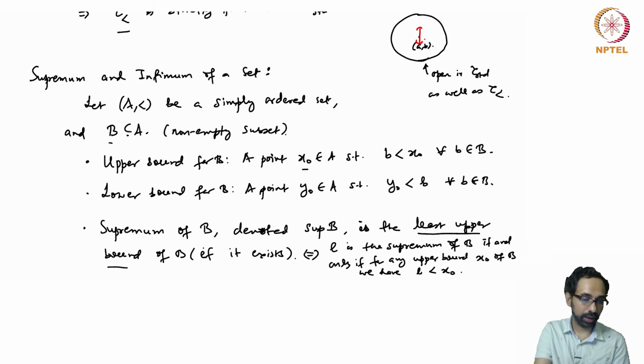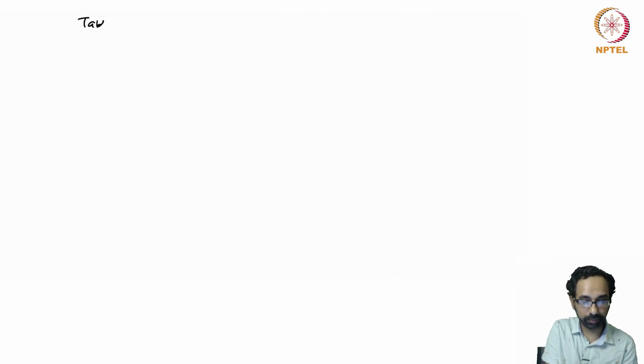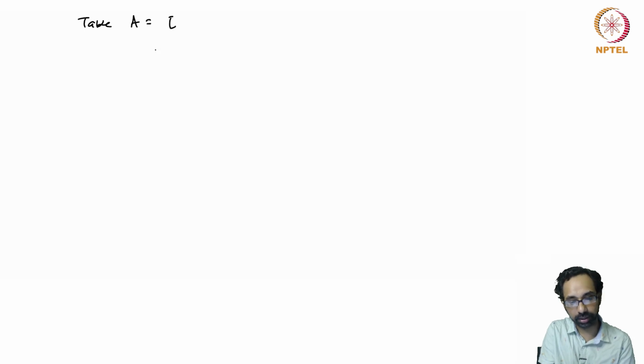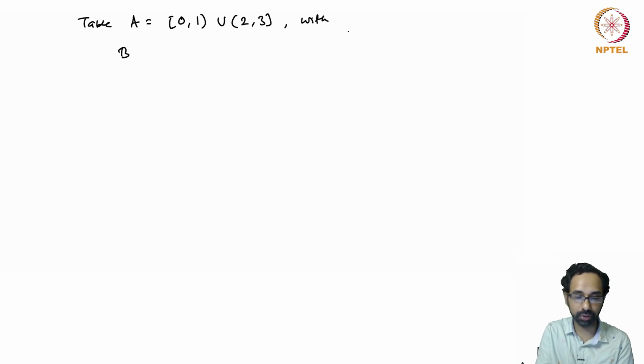So an example of a set which does not have a least upper bound is as follows. Take A to be the set [0,1) union (2,3), let's say, and here the relation is just the usual less than relation on the real line.